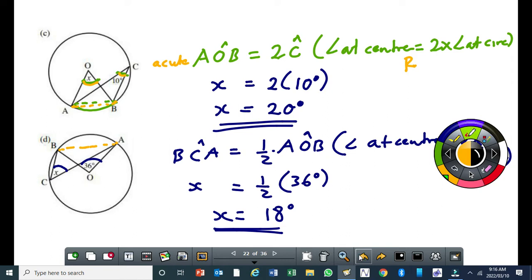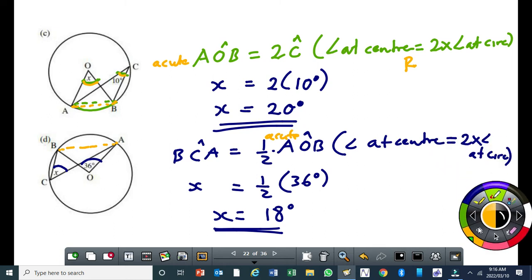So angle BAC, which is X, is equal to half of angle AOB. And the reason: angle at center is equal to 2 times angle at the circumference. Then substitute, so X is going to be half of 36, which is 18 degrees.